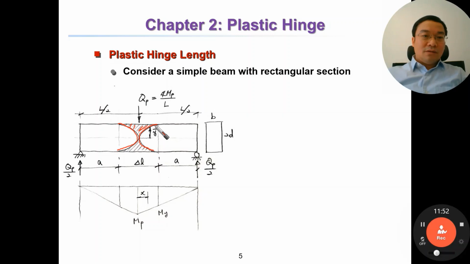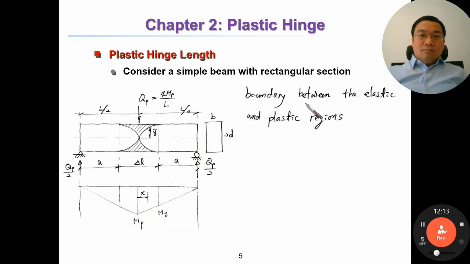In other words, how to determine the equation of this curve. That is what we are going to consider: the boundary between the elastic and plastic region.